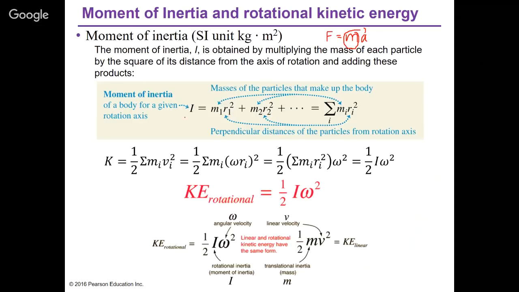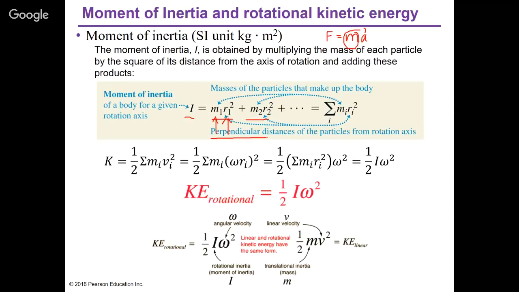As shown here, I is equal to, if you have m1, m2, and all the other particles, the mass times how far this particle is from the rotational axis.